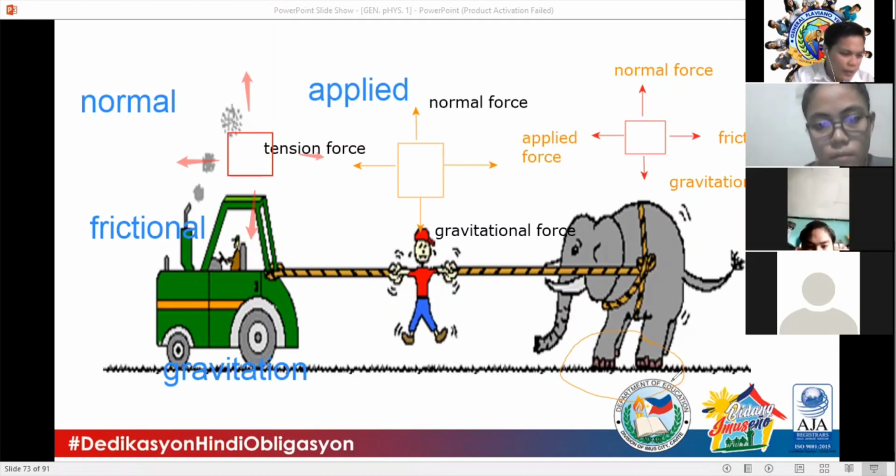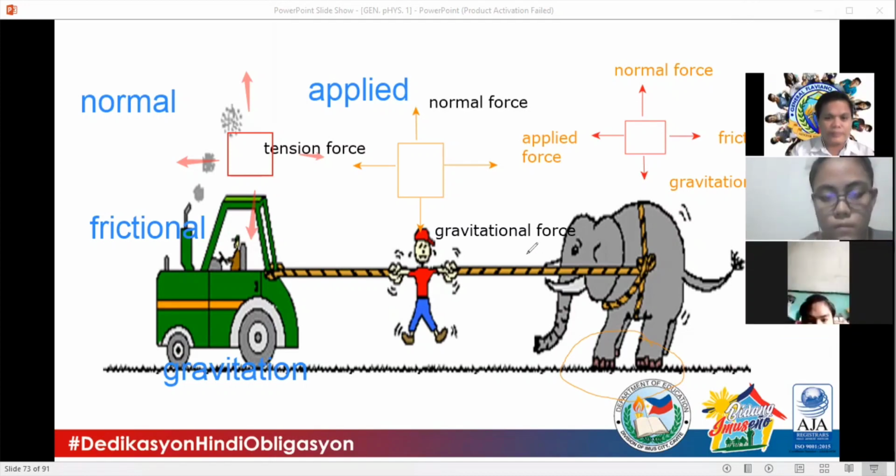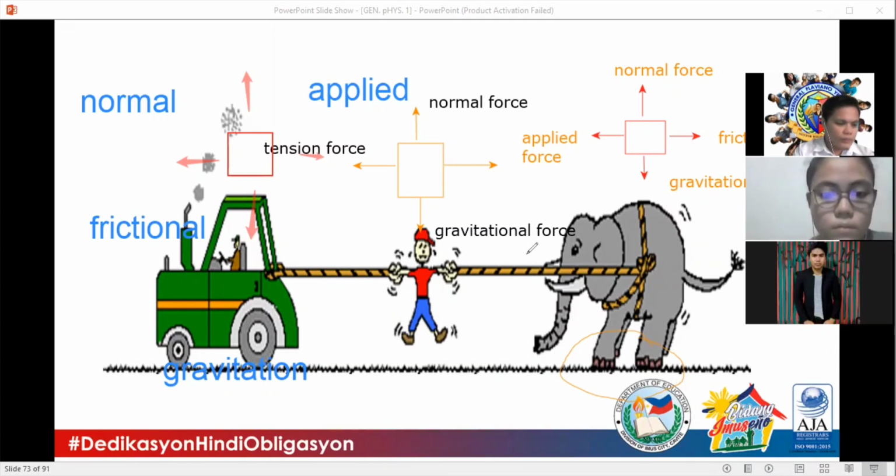Yes, Rafael, you're raising your hand na kanina. Sir, same lang po sa sinabi ni Jake. Pero yung sa truck naman po. Okay, sa truck naman. Yes, Alex.